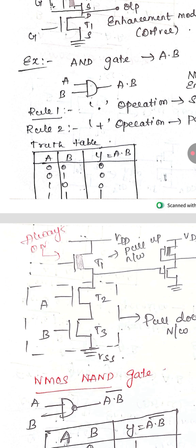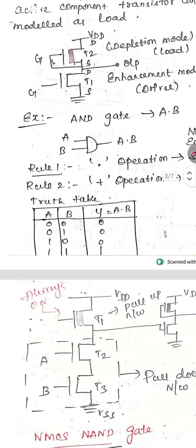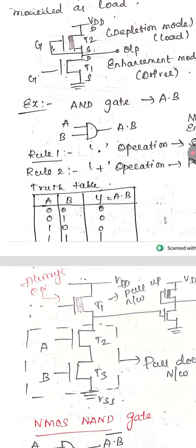In the inverter model design, we use the upper part as depletion mode and the lower part as enhancement mode. The same method we are going to follow here: upper part as depletion, lower part as enhancement. Technically, we call the upper part the pull up network and the lower part the pull down network.